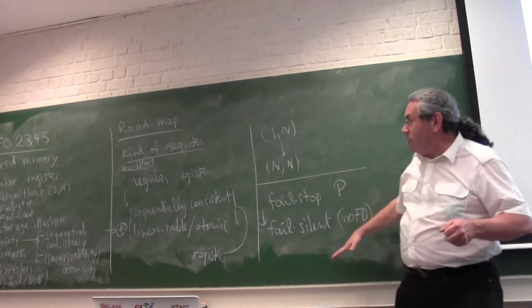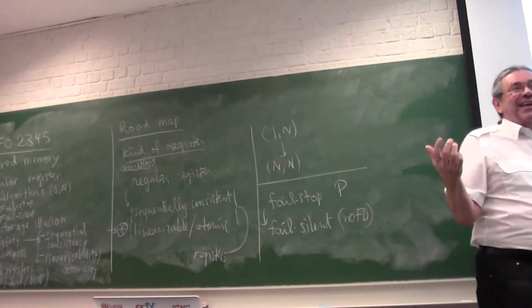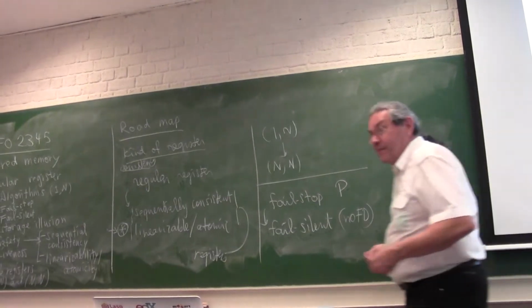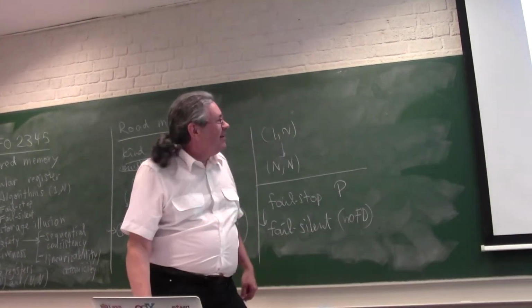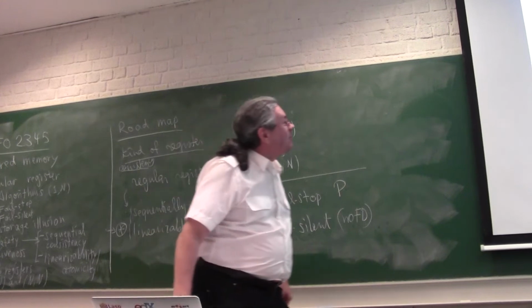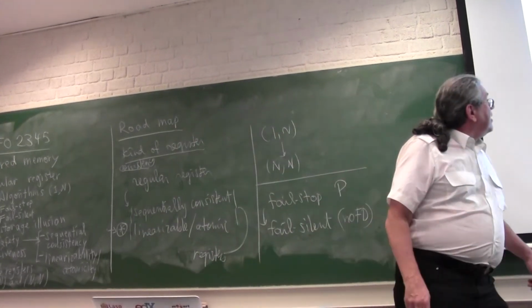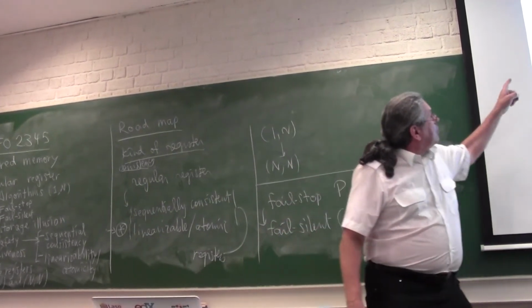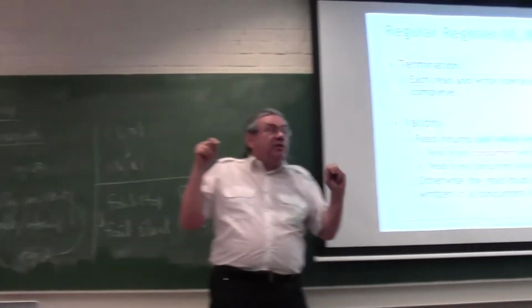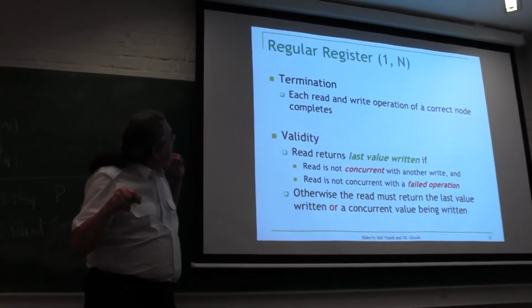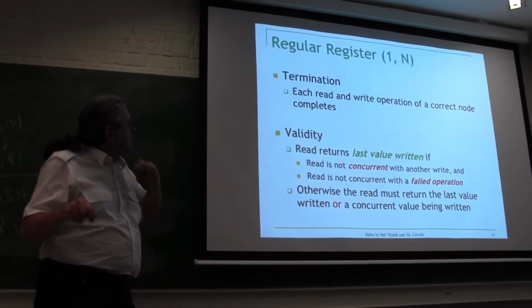And the more you want, the slower it'll get, okay? You have to pay, of course. You have to pay if you want something. Okay. Let me now start with regular register. You'll see it's actually not too bad. So this is a 1n regular register, okay?